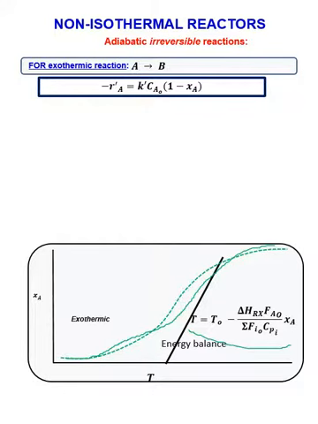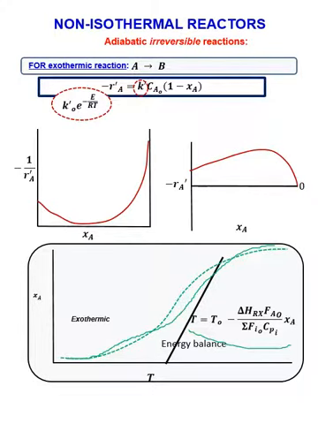But if we just consider the rate for an exothermic reaction adiabatically operated, regardless of the reactor type, once again, for each X, I will see a decrease in my reactant concentration and therefore a decrease in rate. However, for the exothermic reaction, I am going to see an increase in temperature with X. So the Arrhenius dependence of my K value. I don't have the reverse reaction that plays a role in this case.